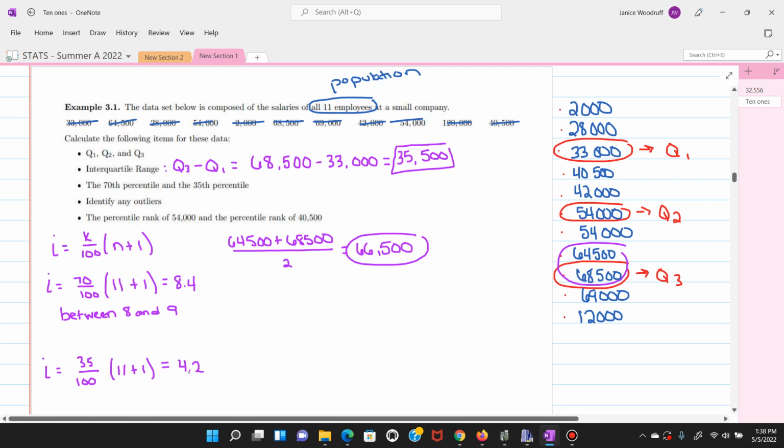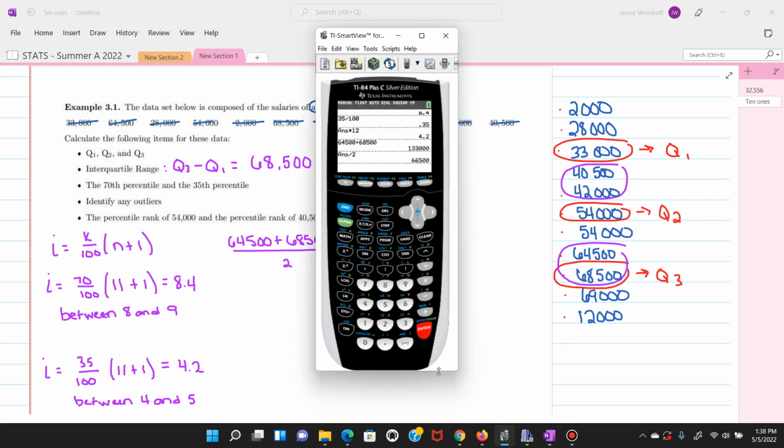And then the next one, 4.2, that's between 4 and 5. So we're going to do the same thing. So the fourth value, 40,500. Fifth value, 42,000. So let's find that median.